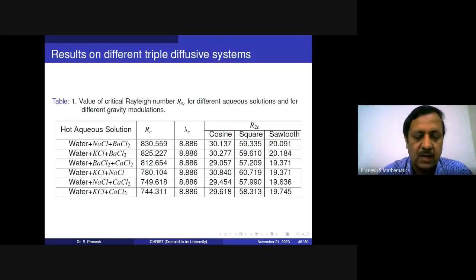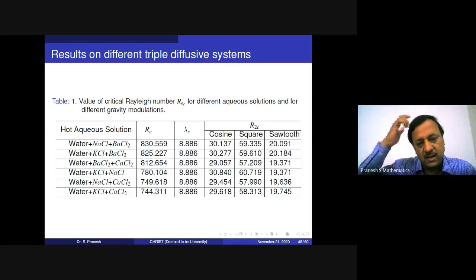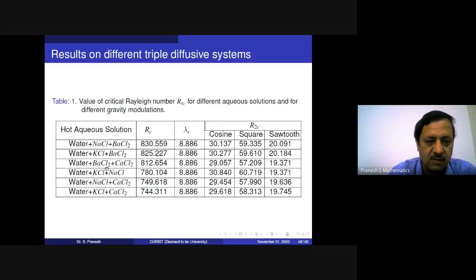We also took some real solutes, that is aqueous solutions, and calculated the values. Here these are the 4 different combinations we have taken: water plus NaCl, BaCl2, KCl and BaCl2. These are the different combinations of triple diffusive convection in real aqueous solutions, and we calculated the RC and R2C for all of these.